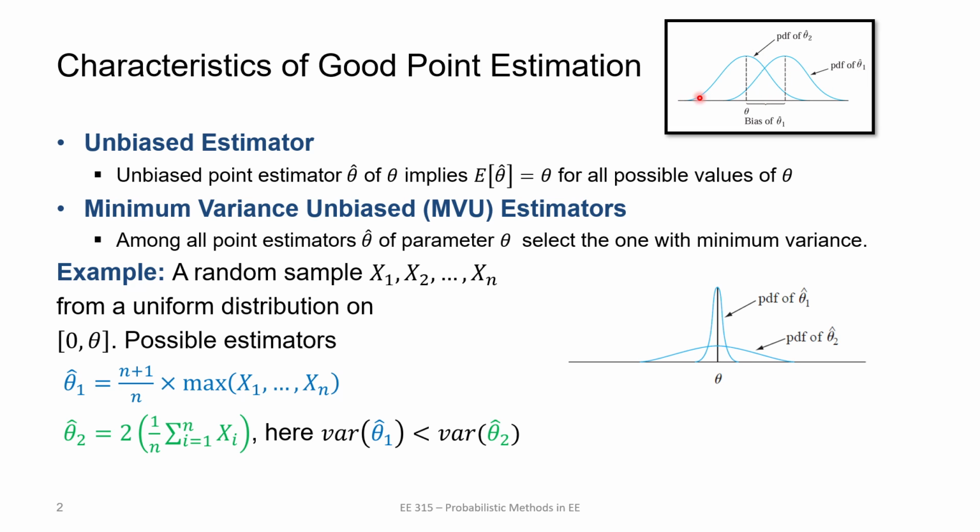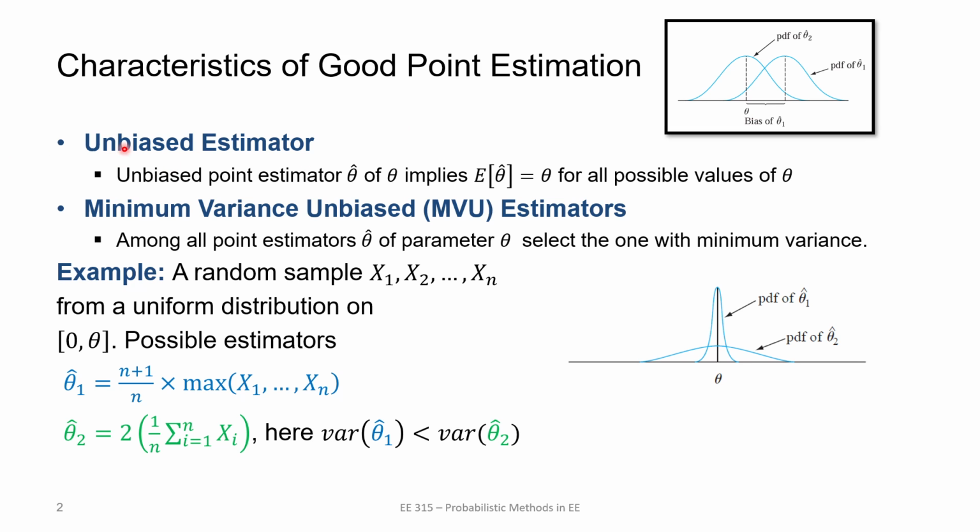Notice that if you use theta 2, your average value coincides with the true parameter to be estimated. So this is unbiased. However, for theta 1, there is a bias, and this bias is equal to the difference between what you estimate and the true value.